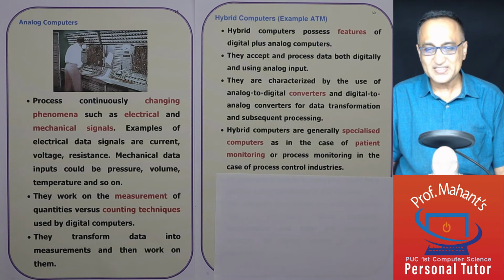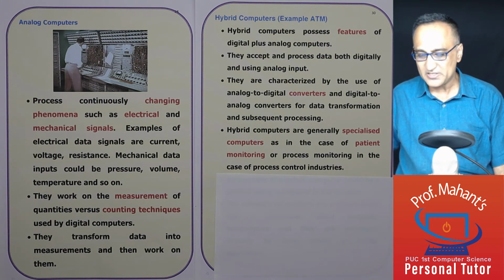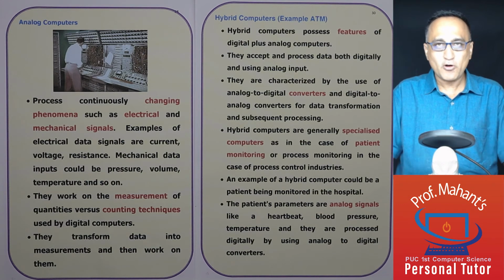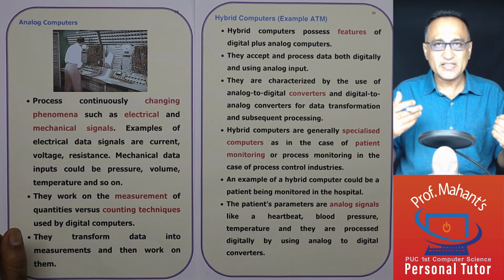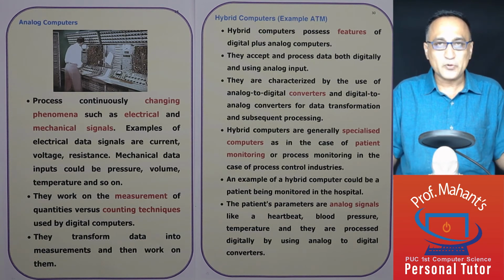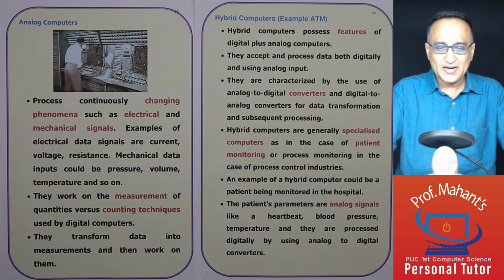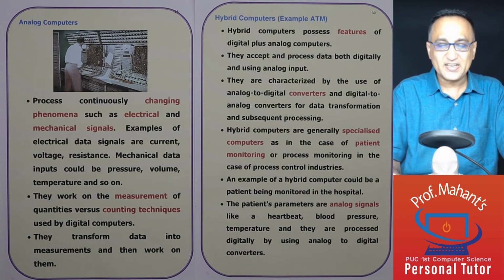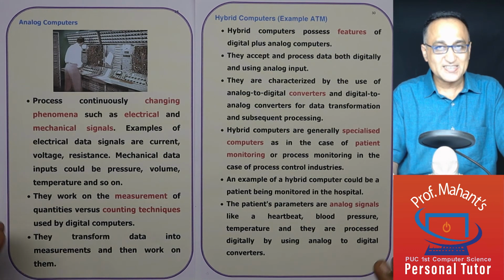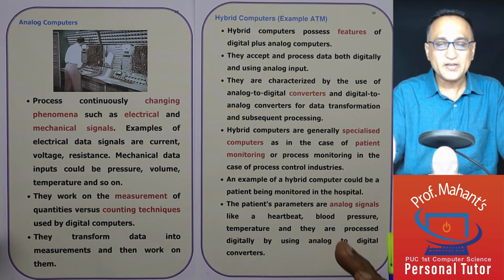Now, let's try to understand the use of hybrid computers through its use as a patient monitoring device. All of our body parameters like blood pressure, temperature, sweat, these are all analog inputs. So these analog inputs are taken by hybrid computers, converted into digital signals, and then these digital signals in terms of zeros and ones are processed by this hybrid computer.